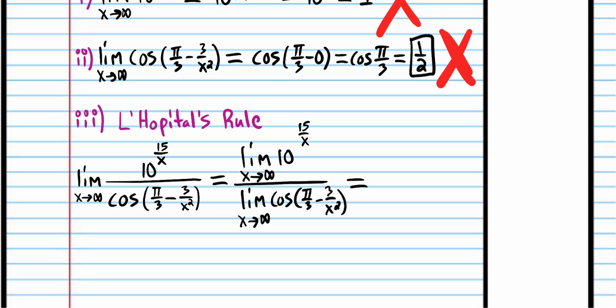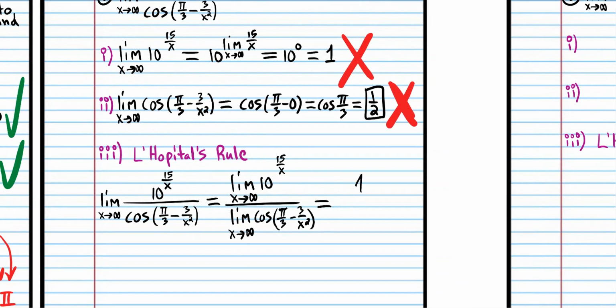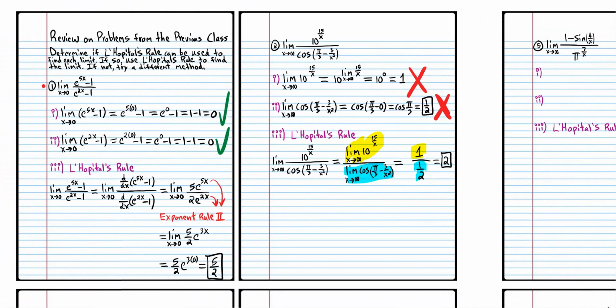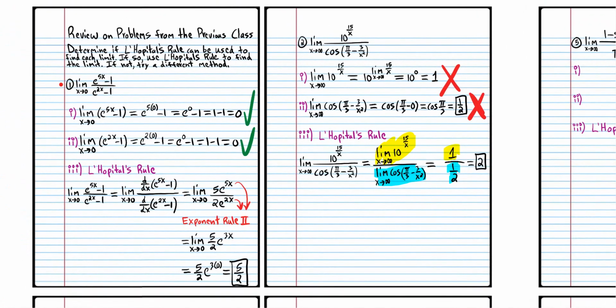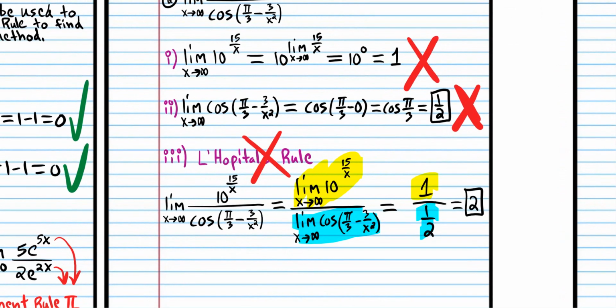So we know what these limits are. I mean, we already found them. The top limit is going to be 1 and the bottom limit is going to be 1/2. So all that became 1, all this became 1/2, and simplify, and we get 2. Okay, so we did not use L'Hopital's rule on that problem. And we can cross out L'Hopital's rule because we're not using it.